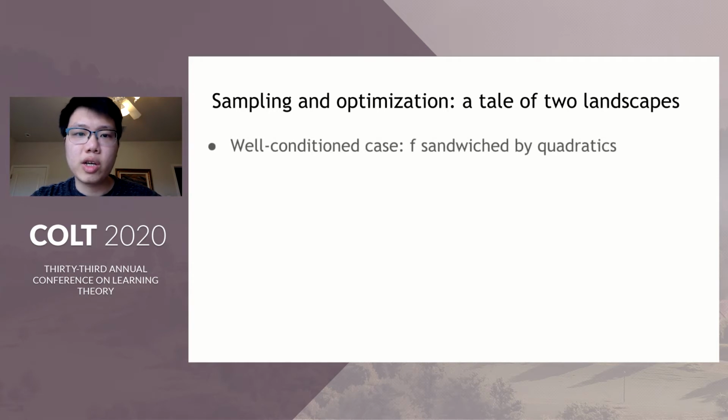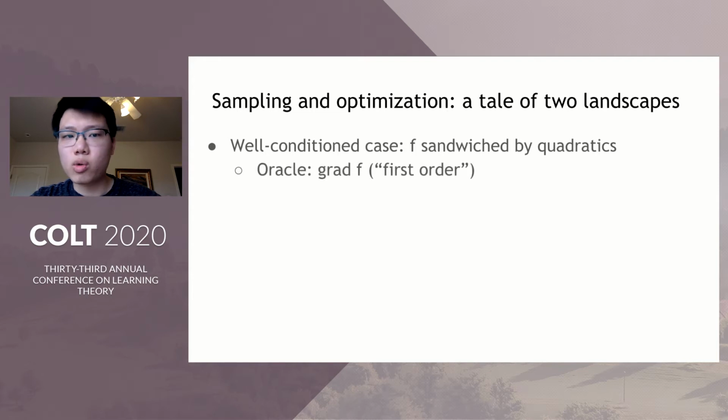Now in the well-conditioned case, where f has more structure, namely it's sandwiched between two quadratics, an upper bound and a lower bound, a notion I'll make more formal later, we can study this through the lens of a first-order oracle, where given a point x, I also query the gradient of f at that point. This is simply because the upper bound quadratic implies that the gradient of f is Lipschitz and well-behaved.